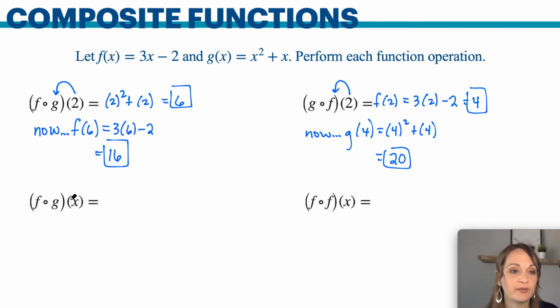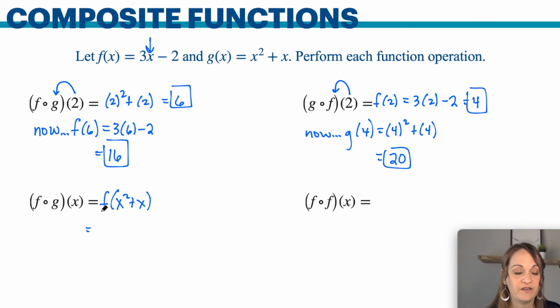Now in this case, you're not plugging in a number, you're keeping the x. So first plug x into g. Well, we already did. It's already in terms of x. So what you have to do, this is where it gets a little weird, you're going to take the entire function of g and plug the entire function into the variable of f.